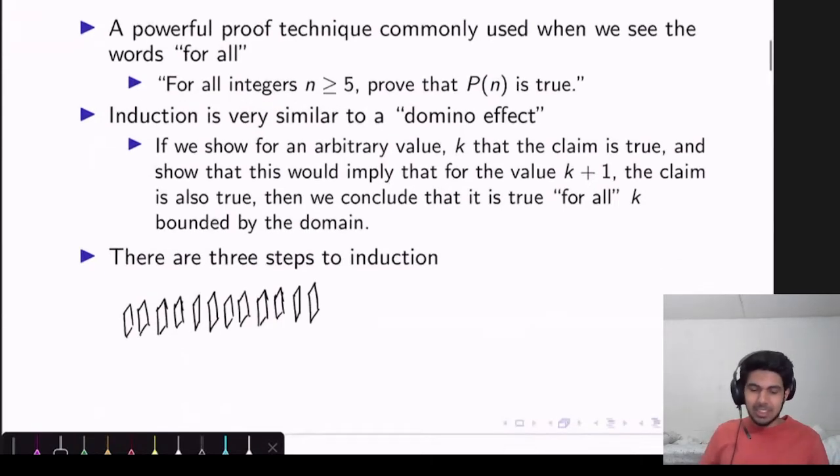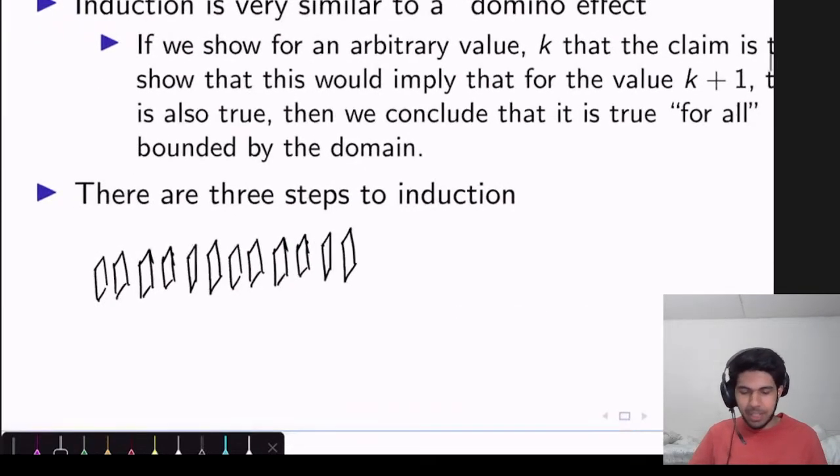So let's revisit this domino effect. We can imagine that these dominoes will go on till infinity. Here's the idea of what induction is. Let's say this very first domino is the smallest value in our domain.